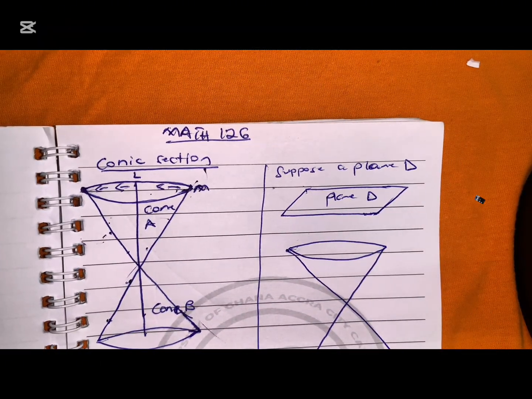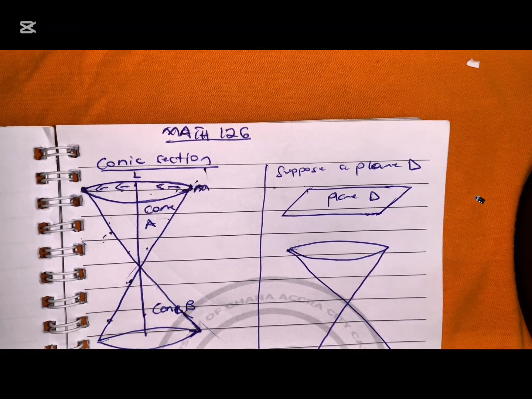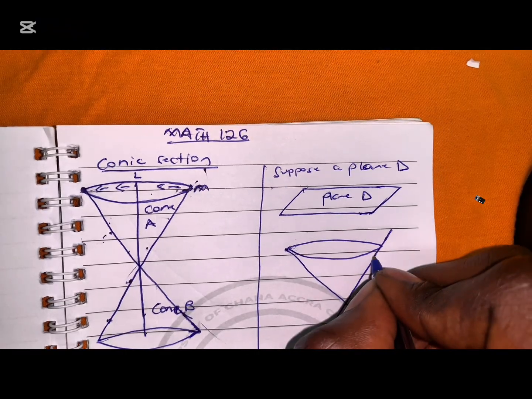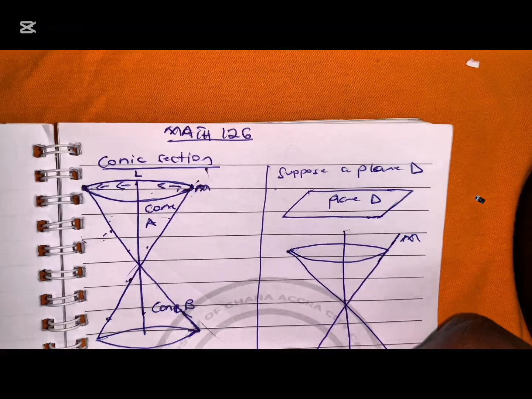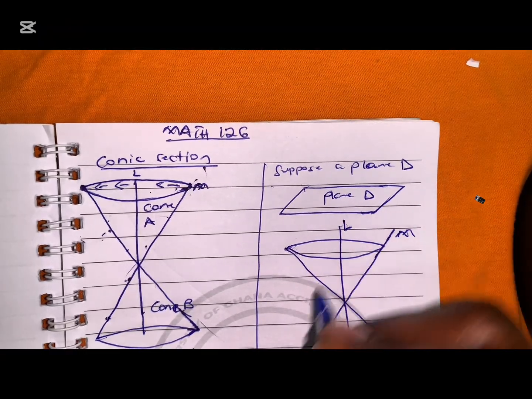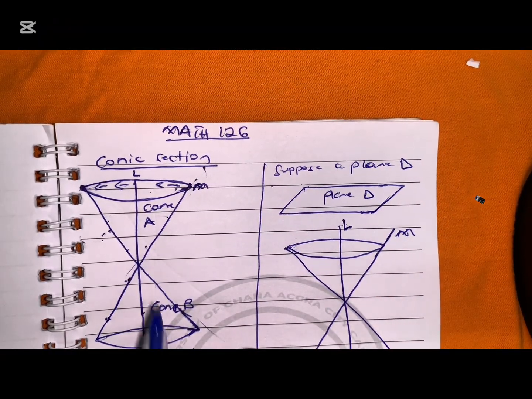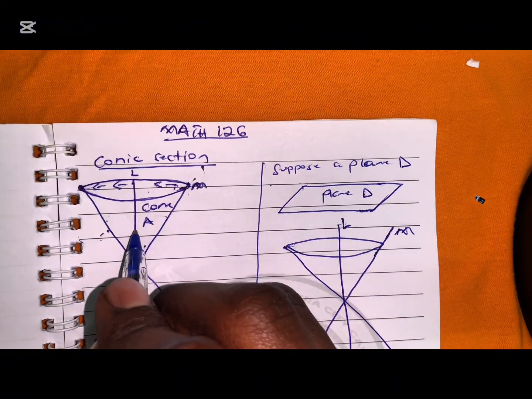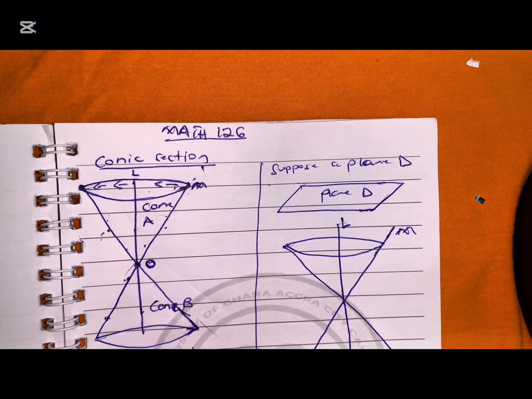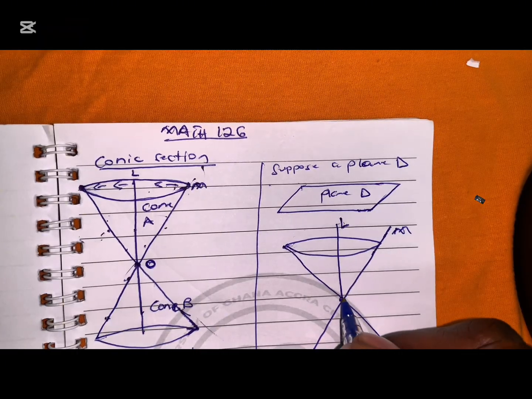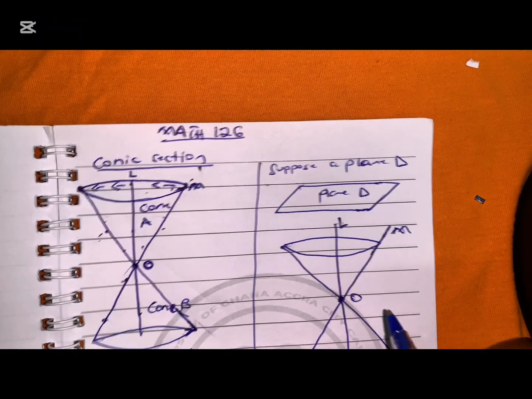Good. And as I said earlier, it's formed by our line M and our line L. Now, let me indicate something for you. The meeting point between line L and line M is O, which is the intersection point between line L and line M. Good.